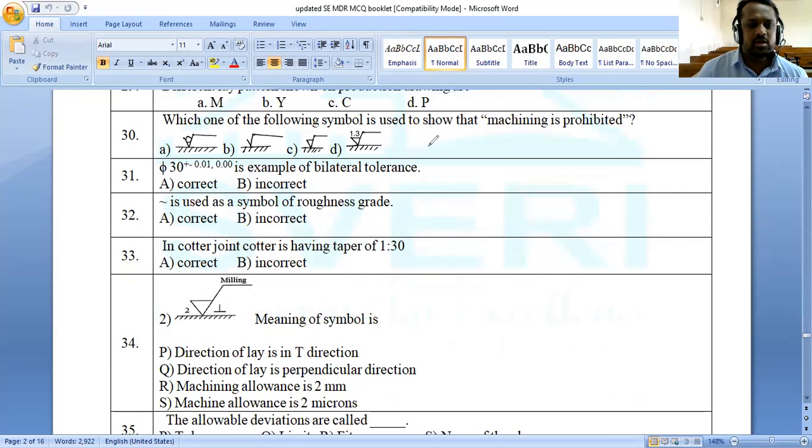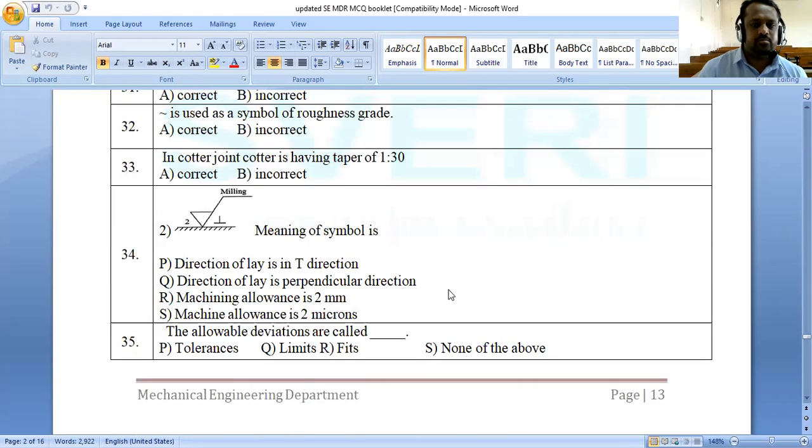Take the 34 number question. They have given the surface symbol. The meaning of that symbol is okay. The direction of lay is in the T direction. It is wrong. बरोबर आहे का?